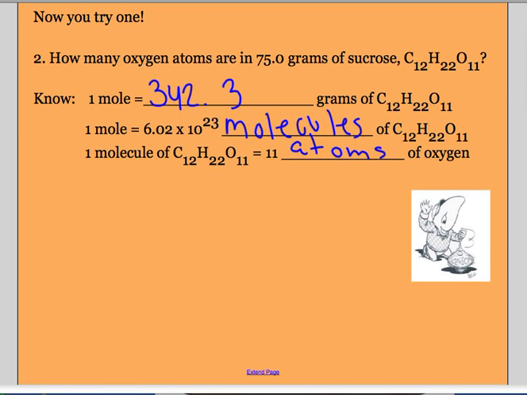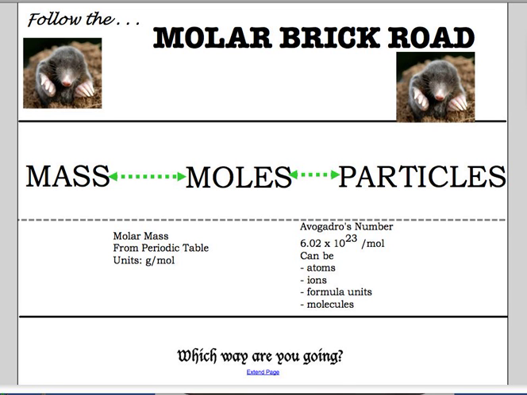So what we're going to do on our chart is start with 75 grams. And we want to go all the way to oxygen atoms. So we're starting in mass. We're going to go to moles, which means we need our molar mass.